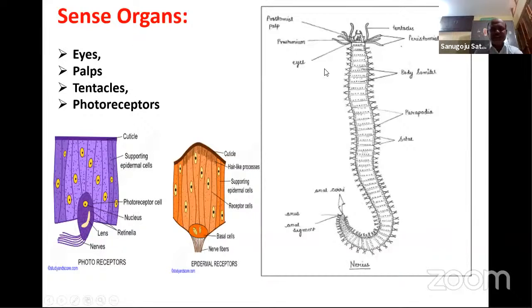Nereis has eyes, prostomial palps, and tentacles. Photoreceptors are also embedded in the integument, and those also act as sense organs, along with the epidermal receptors. Just as we have five sense organs, lower invertebrates have a few of these: the eyes, palps, tentacles, and photoreceptors.